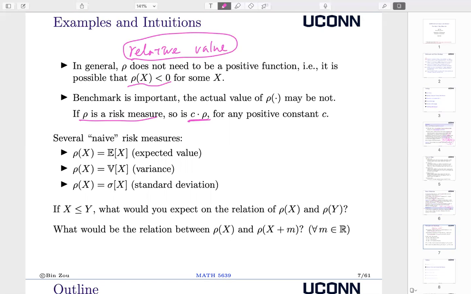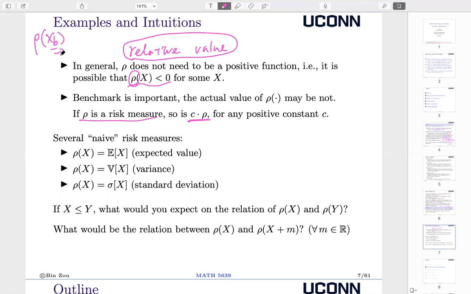Again, let's use a financial example to demonstrate this. Let's say you have an investment opportunity and you plug in some risk measure that gives you a value. Immediately, what you want to do is to compare this to a relatively safe investment. So let's say this is the baseline.